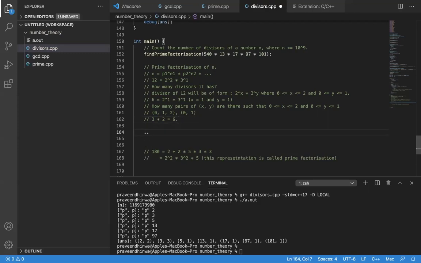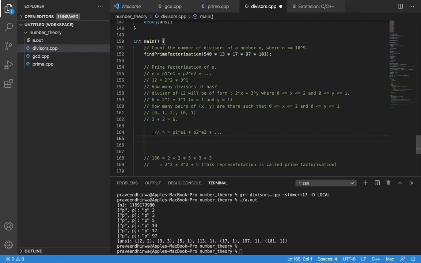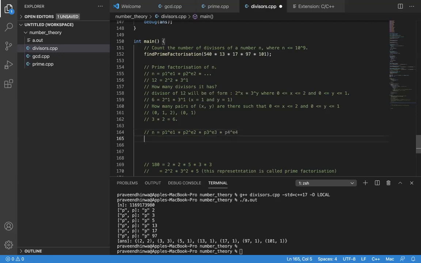So if your number n has a prime representation of p1 power e1 times p2 power e2 times p3 power e3 times p4 power e4, can you tell how many divisors there will be? Can you find a formula for that?